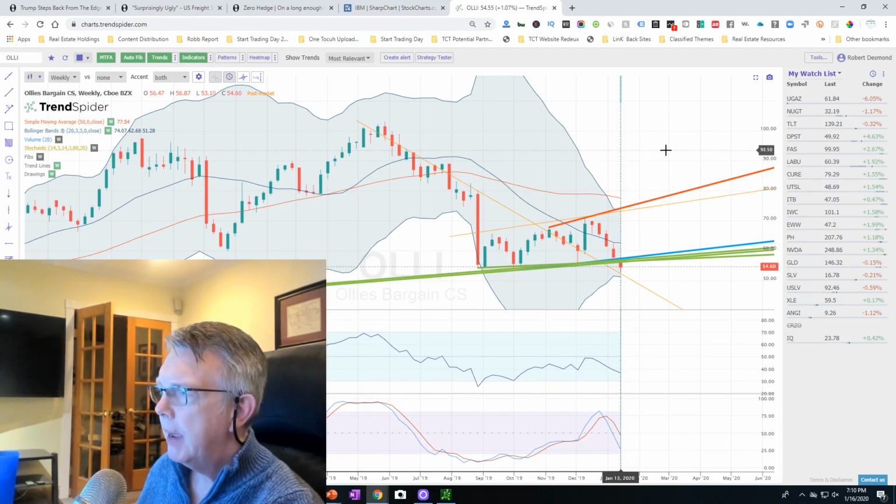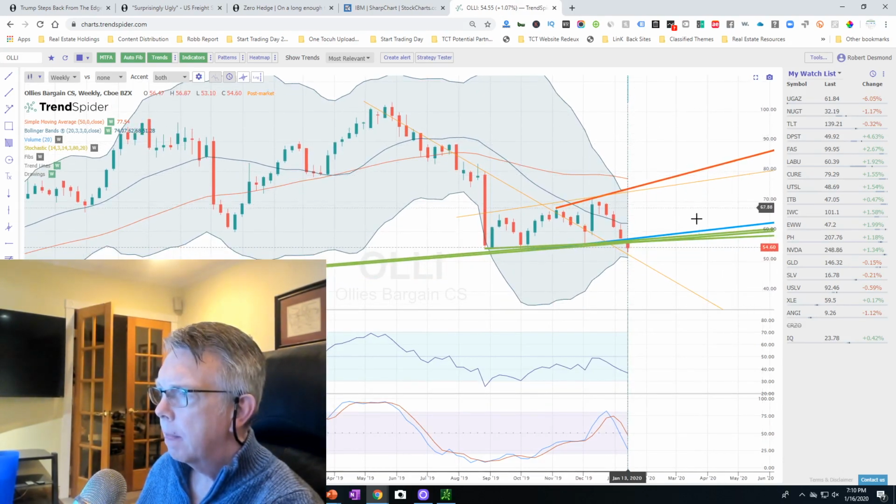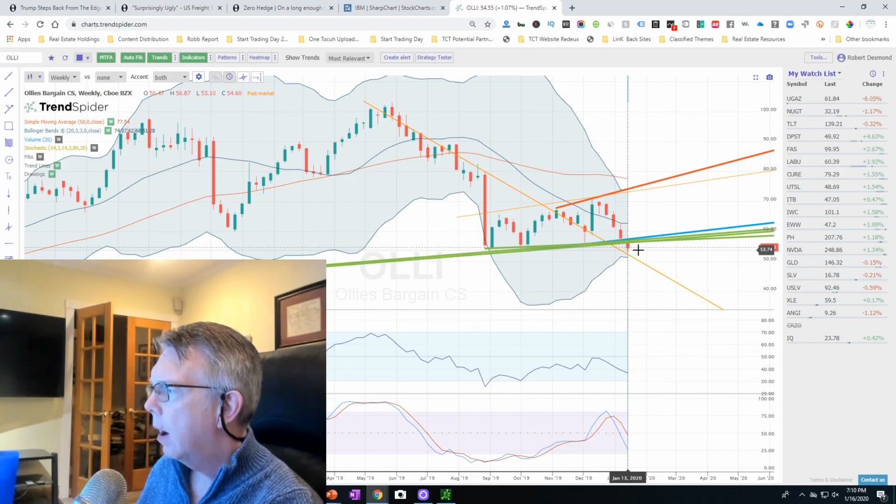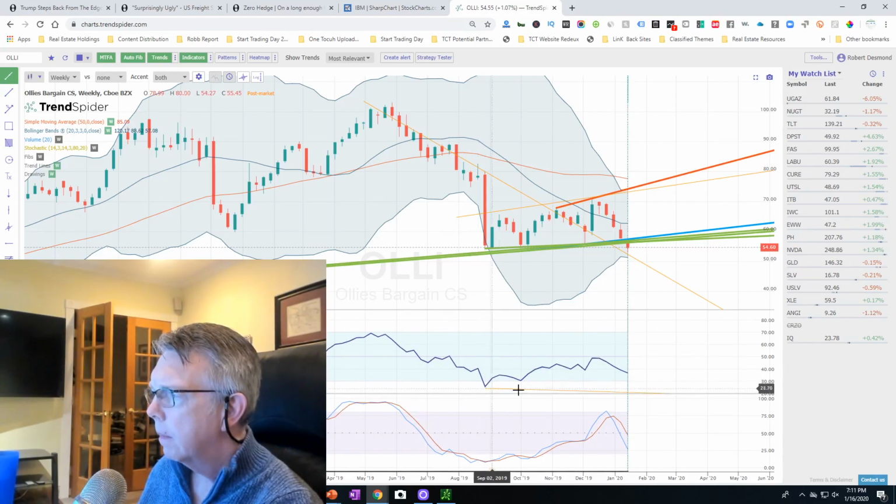All right, so on a weekly basis, we've broken down below a few support levels this week. But we are off the lows. We'll go to a daily chart in a moment. Let's see what's going on with RSI. Broke support. Stochastics rolling over.